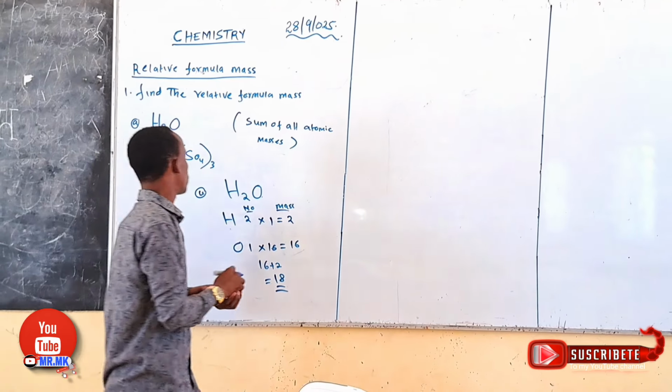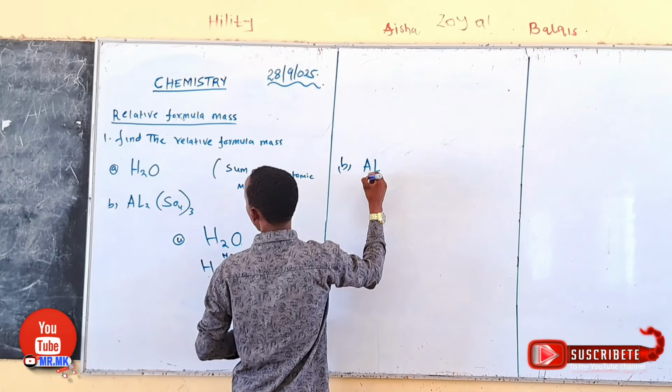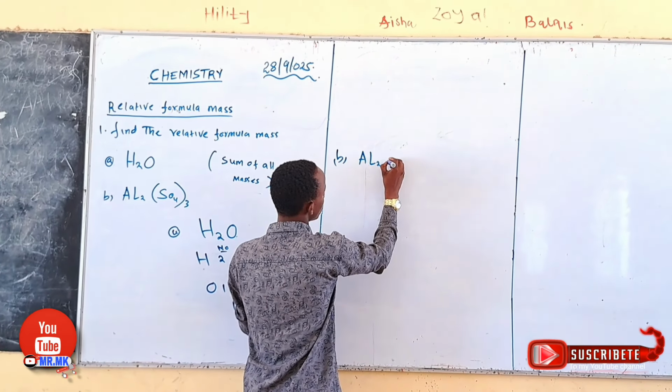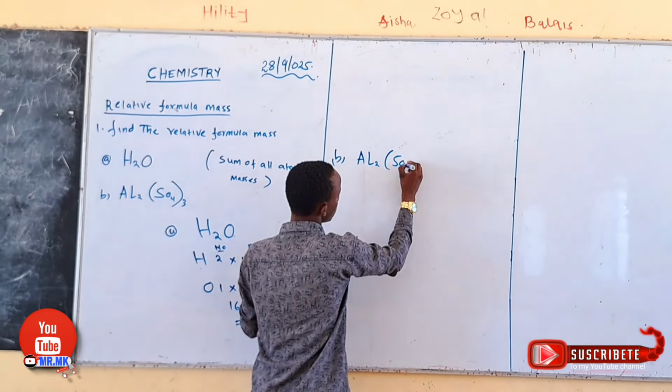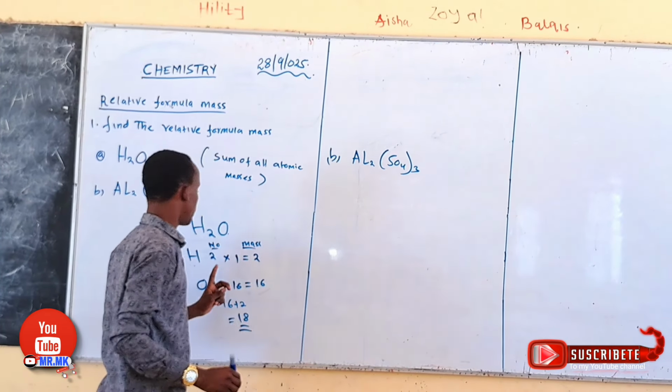Now let's go back to aluminium sulfate. Aluminium sulfate is written like this. How do you find its relative formula mass?